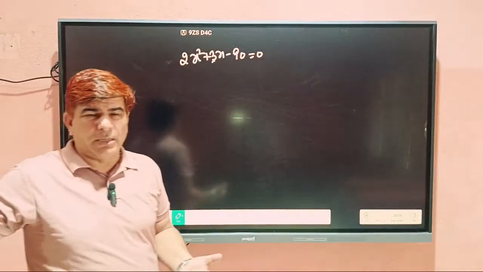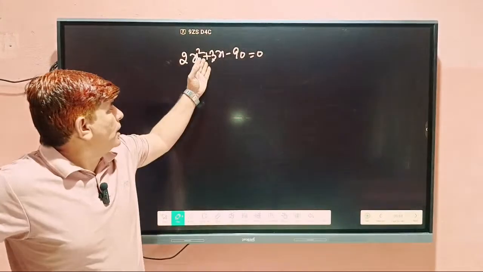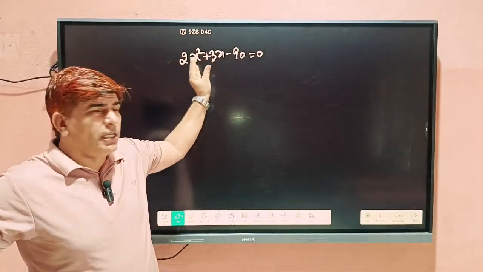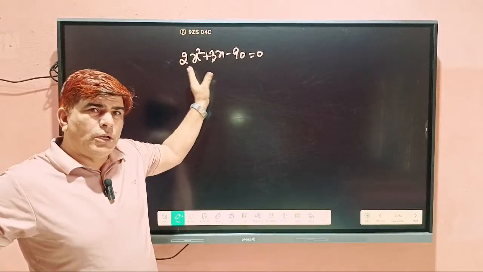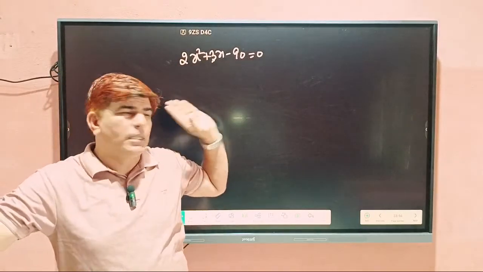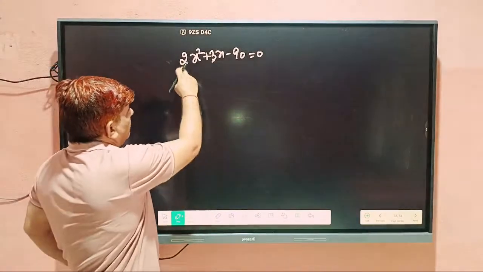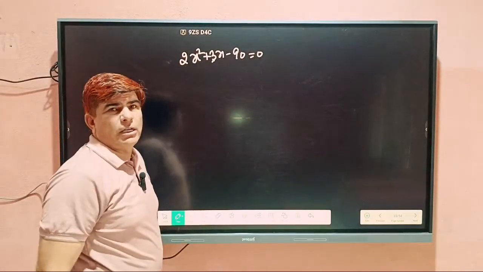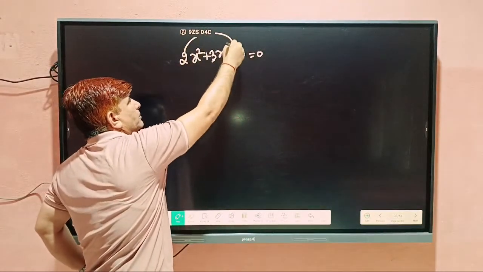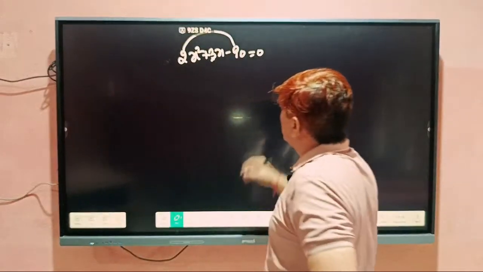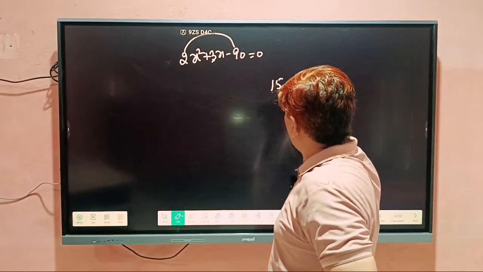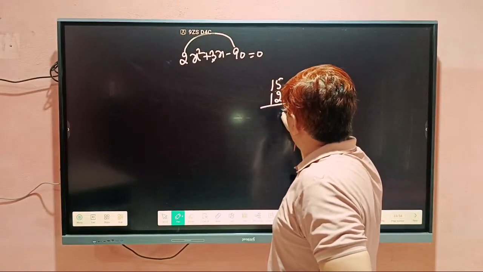Again we have to split the middle term, one of plus, one of minus. It means in splitting the terms, one pair is coming, one of plus and one of minus. So how much do we need their multiplication to be? 180. This we need, and the sum is equal to 3x. So how can we take 15, 12? How much?